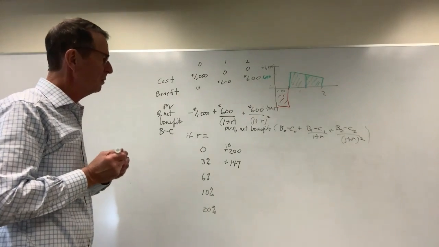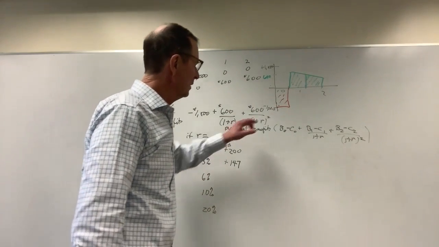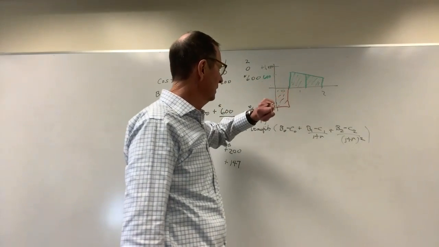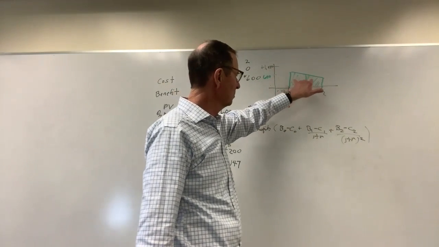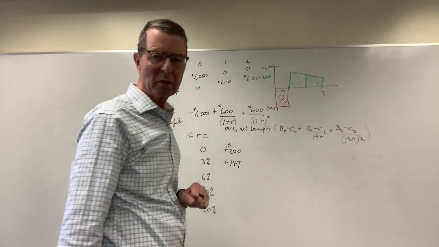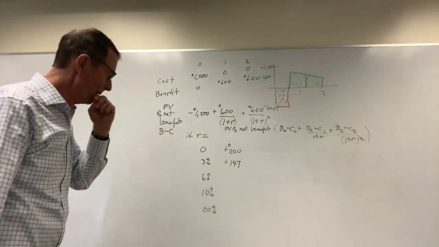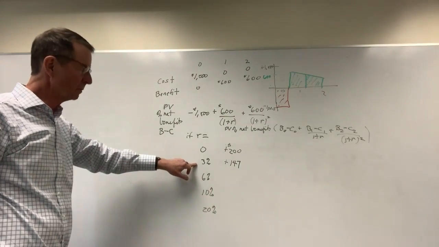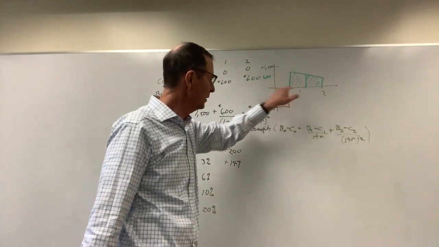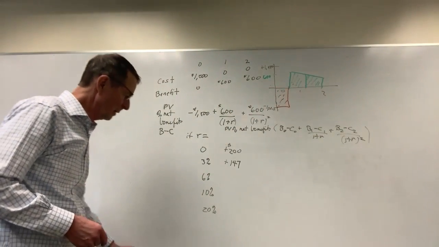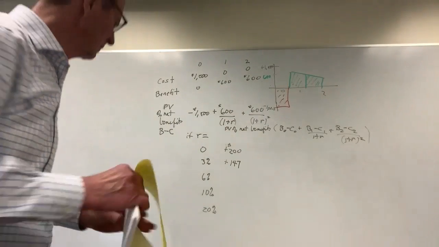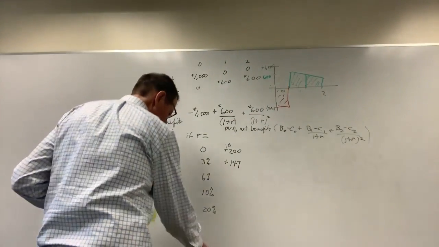So we really want to know how high does the interest rate have to be for this amount being shaved off to bring this block of 2 years of benefits down to $1,000. And at 3%, we still have these two blocks having an area that's bigger than that block. At 6%, it's the same thing.